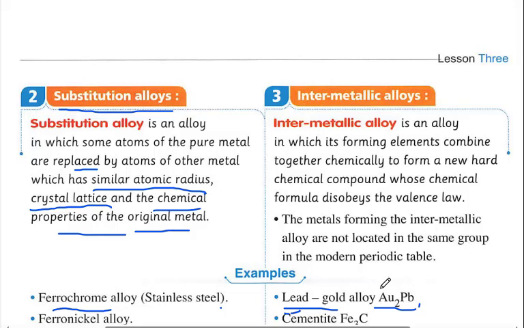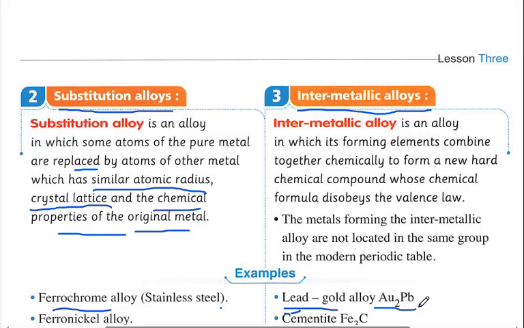Okay, they form a compound with a special chemical formula, which does not obey the rule of valency. So in this case, it is a chemical reaction between two elements not in the same group in the periodic table, so they are intermetallic. Not in the same group, and there is a chemical compound formed.